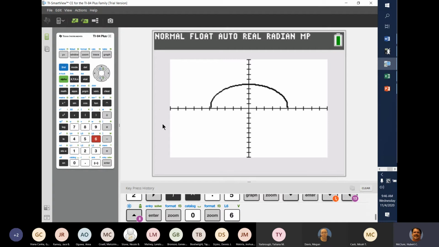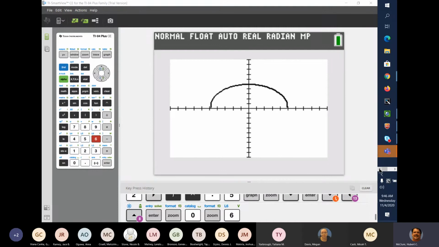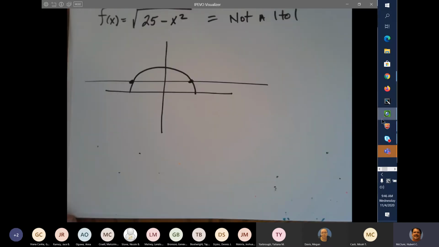Hit it twice. So it's not a 1-to-1. Not a 1-to-1. Let's look at the second example.